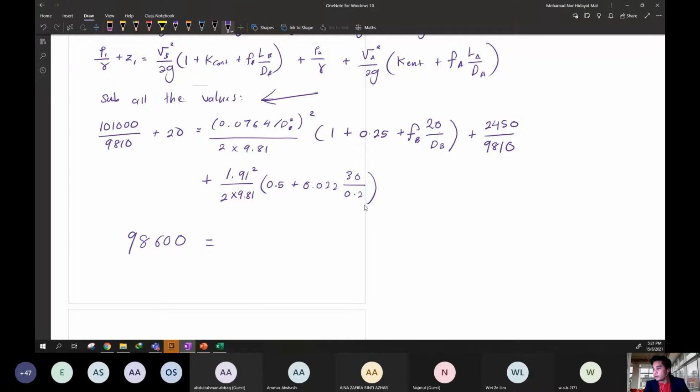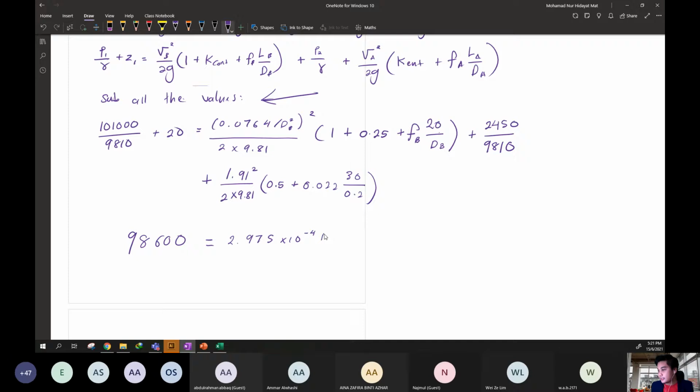Let me calculate for you. 0.0764, the power of 2, divide by 2, divide by 9.81. So you have 2.975 times 10 to the power of -4.